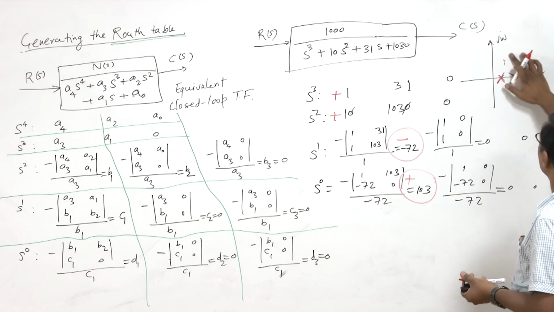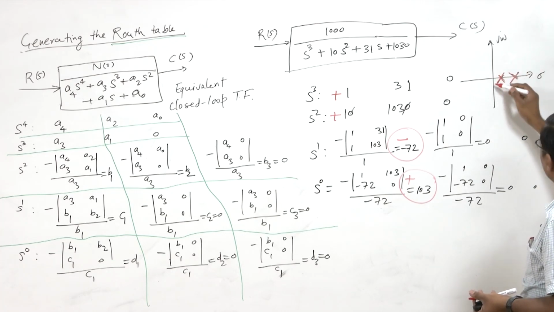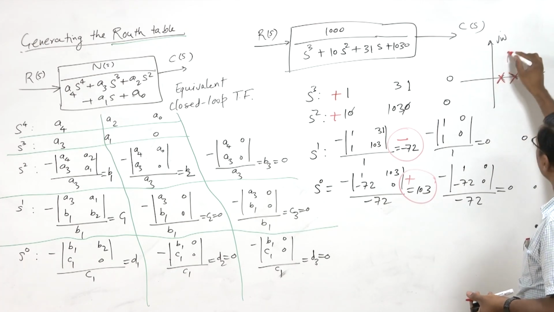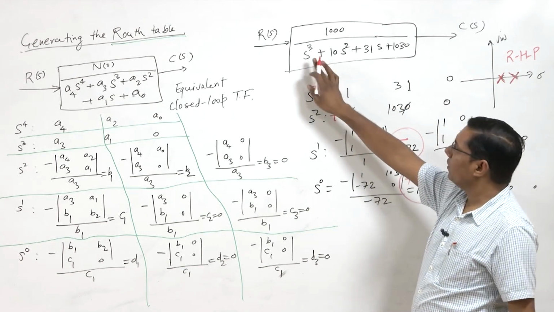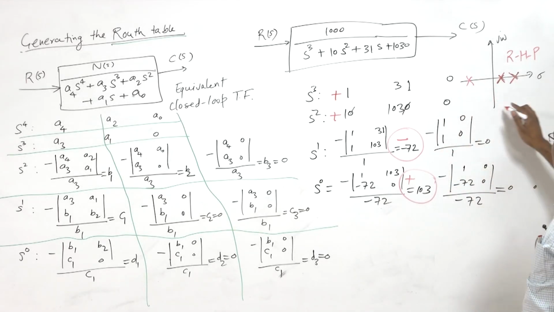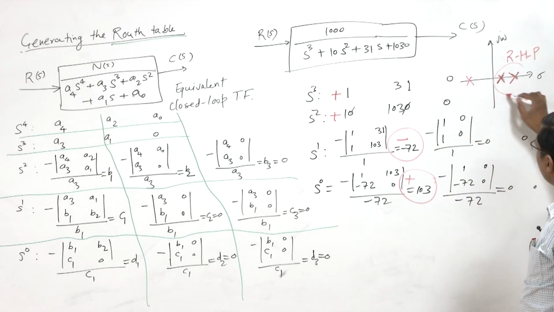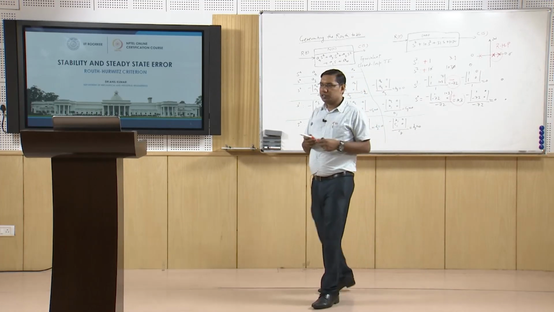We don't know this information, but we know that two poles are in the right half plane, and because this is power 3, one pole is in the left half plane. So because two poles are in the right half plane, the system is unstable.